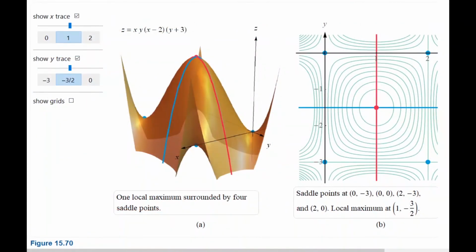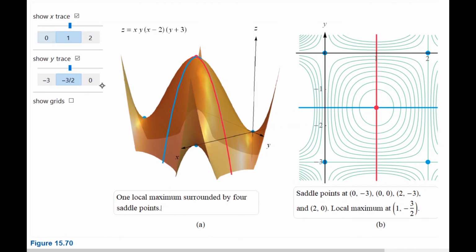And if you want to see how the graph of the function, which we just found the critical points for, looks, here it is. You could see there in red, that's the x equals 1 line. And in blue is the y equals minus 3 halves line. And we see that where they intersect, you get a local max there.